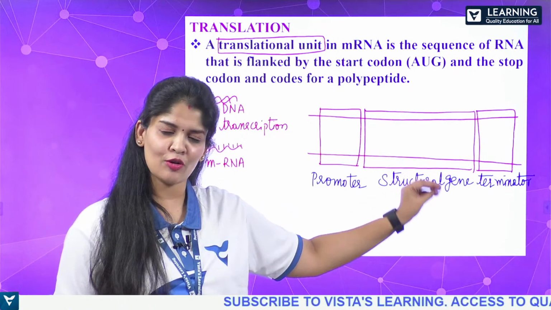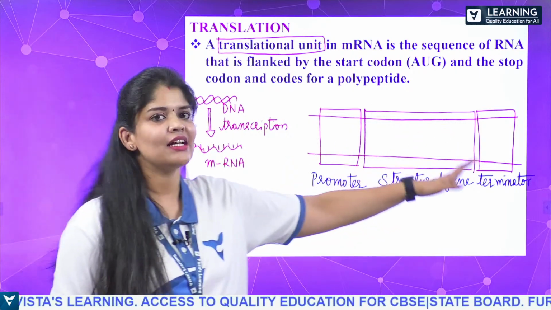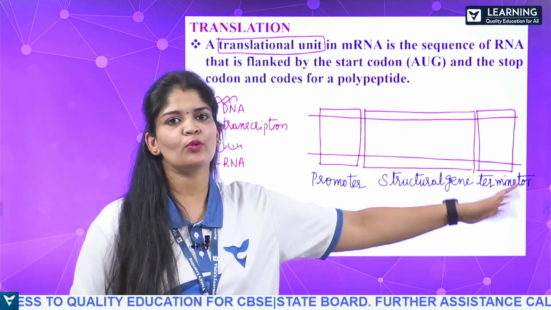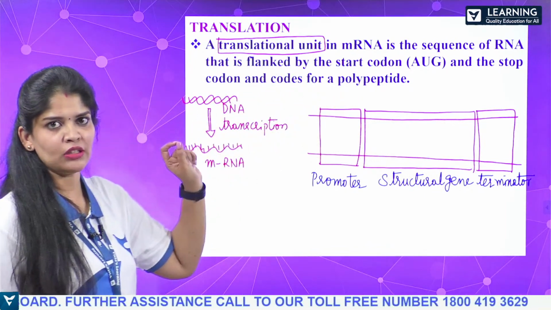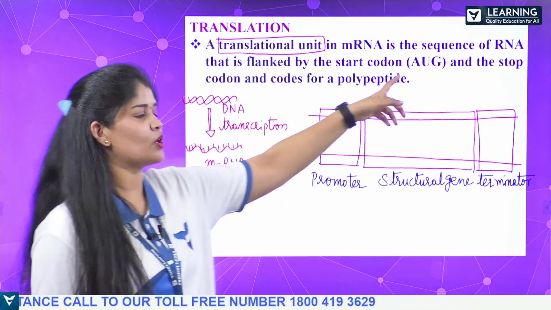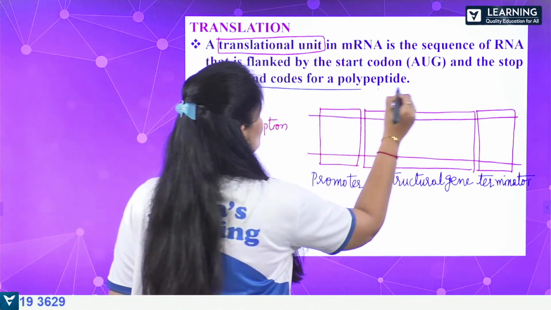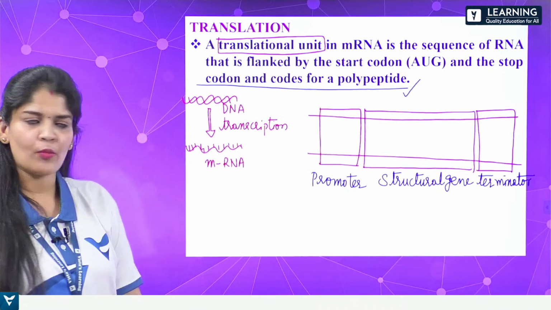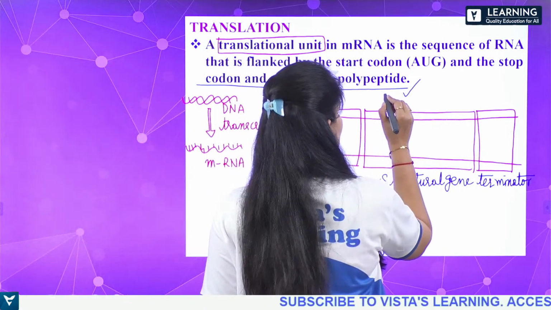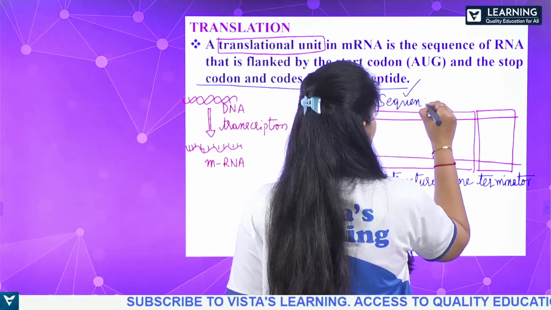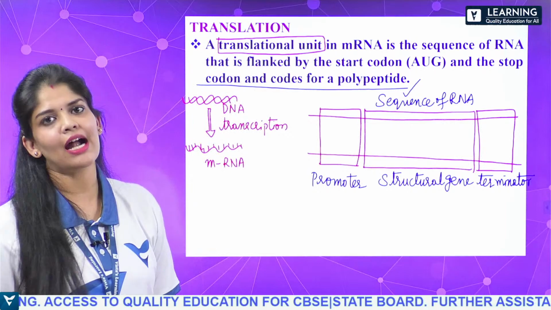Here also the sequence of the RNA will have a start codon on one side and a stop codon on the other side. It is flanked by the start codon, which is represented by methionine, that is AUG, and the stop codon. The RNA sequence codes for the polypeptide. On either side, it will have a start codon and a stop codon.